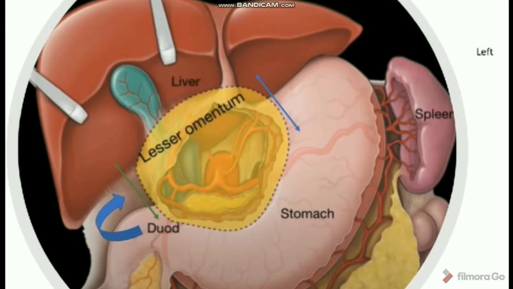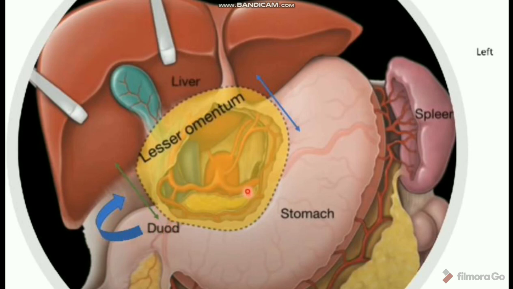So you can see this is on the right side, and because it's not attached anywhere, the area behind this lesser omentum and the stomach, which was called the lesser sac, is now continuous with the area ahead of the stomach called the greater sac, and this is the opening of the greater sac into the lesser sac.